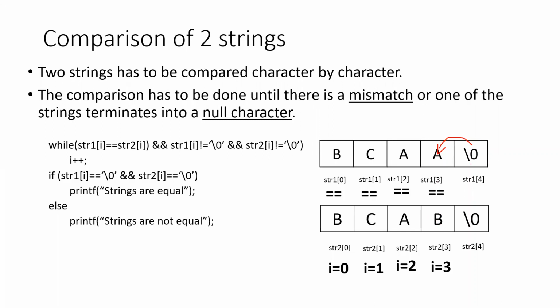And one more thing: if you compare two null characters, you will get them as equal, right? So you have to check two more conditions along with that. If these two characters are equal, and the character of the string is not equal to null, then only should we check the next character.